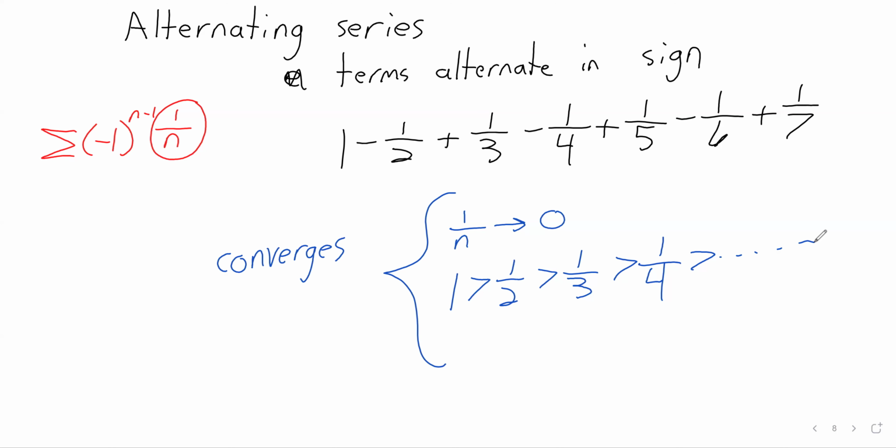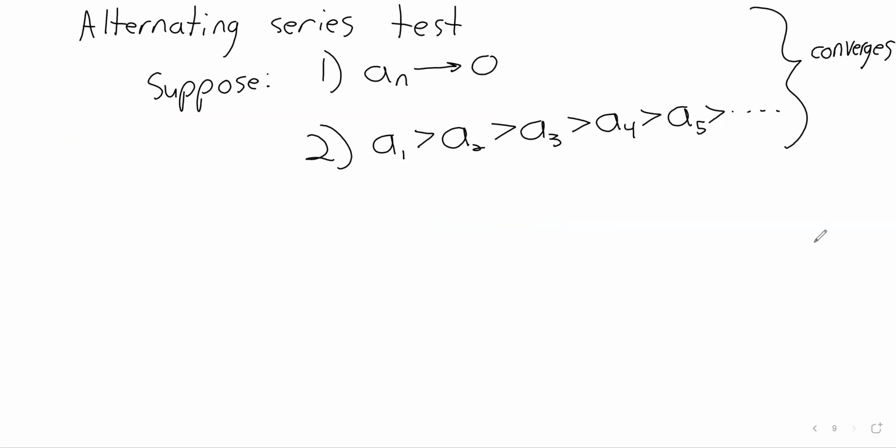How do we know? As far as taking the limit as n goes to infinity, that's L'Hopital's rule most of the time. How do we know that these terms are getting smaller? You can get in the weeds if you want to.